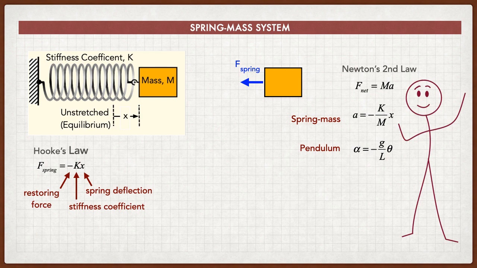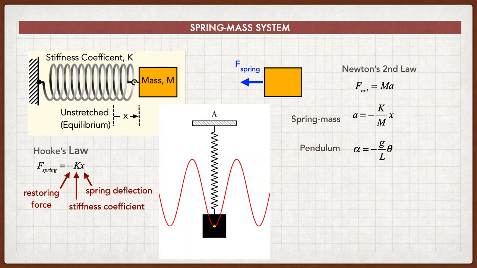Holy moly! Both equations say the acceleration is proportional to the opposite of the displacement. From pendulums, we know the motion can be described by sines and cosines. Simple harmonic motion.